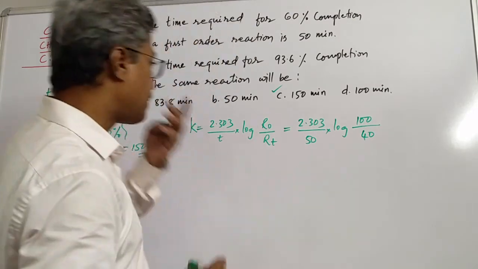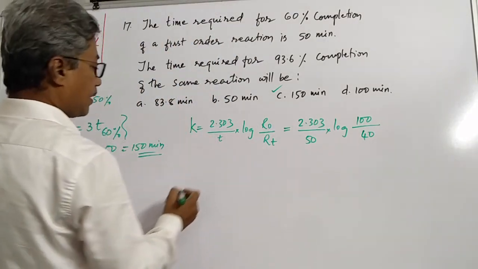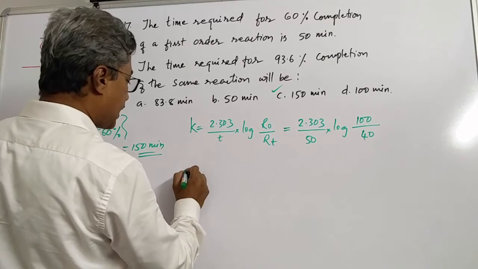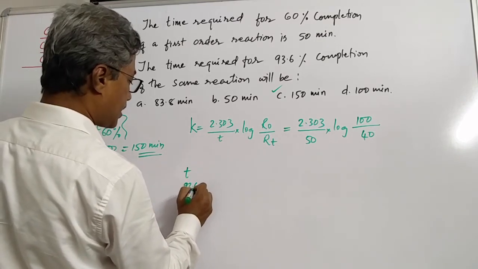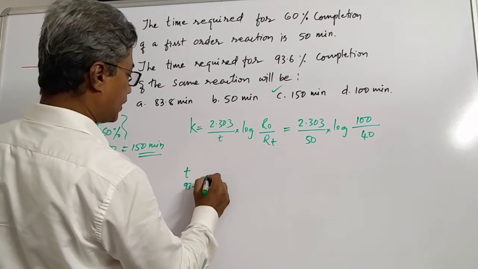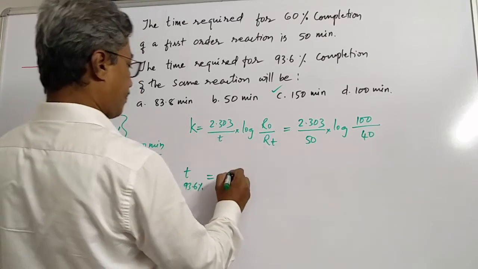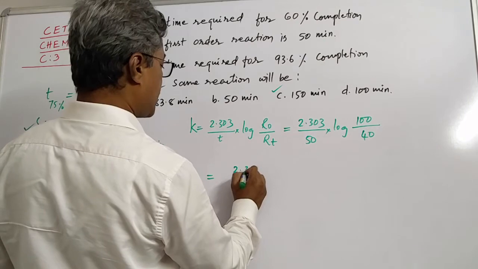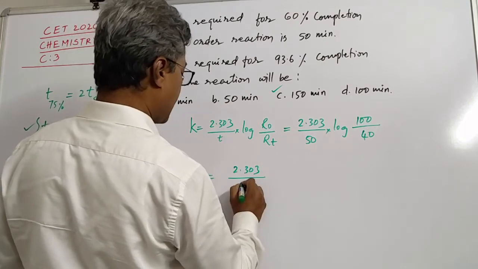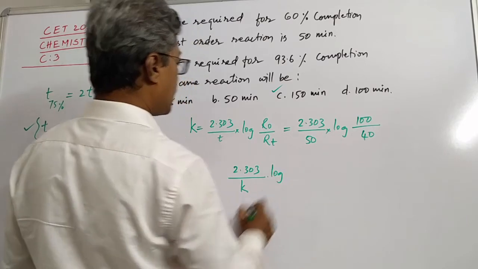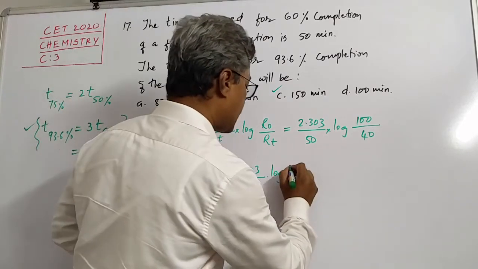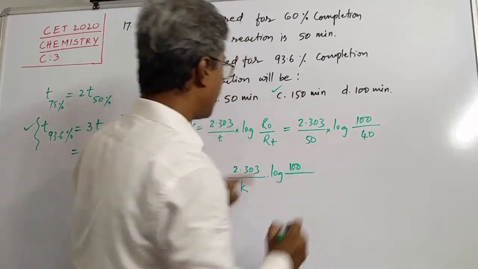Is it clear, students? Then what we have to do is use this equation to find the time required for 93.6% completion. This is equal to 2.303 by K into log of R0, initially 100%, divided by Rt.